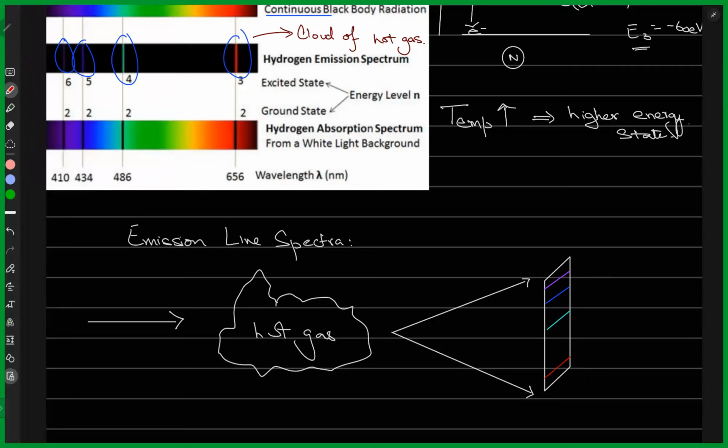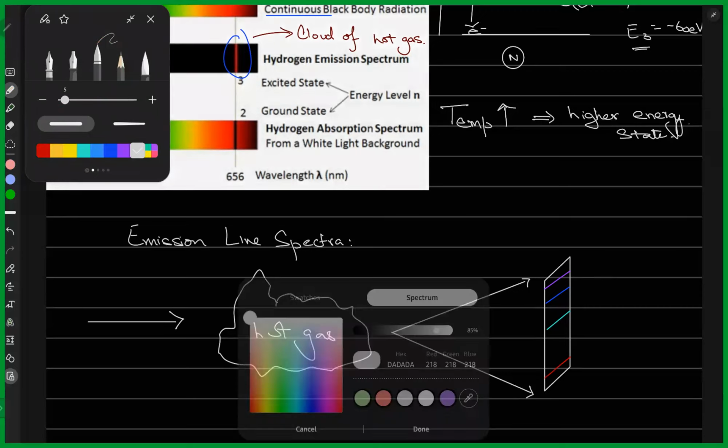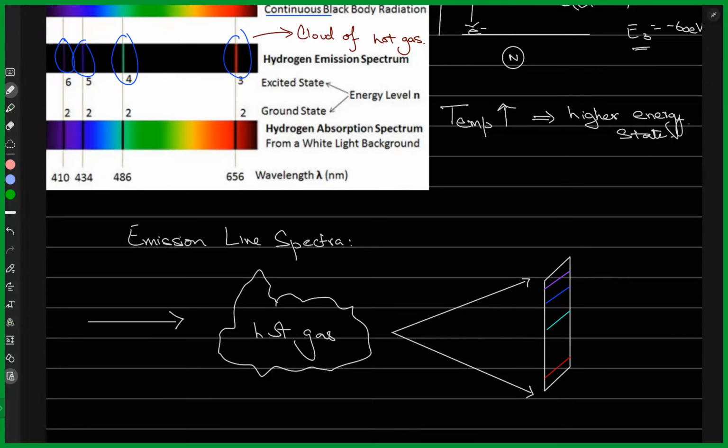The positions of these lines come from the frequencies that correspond to these colors.